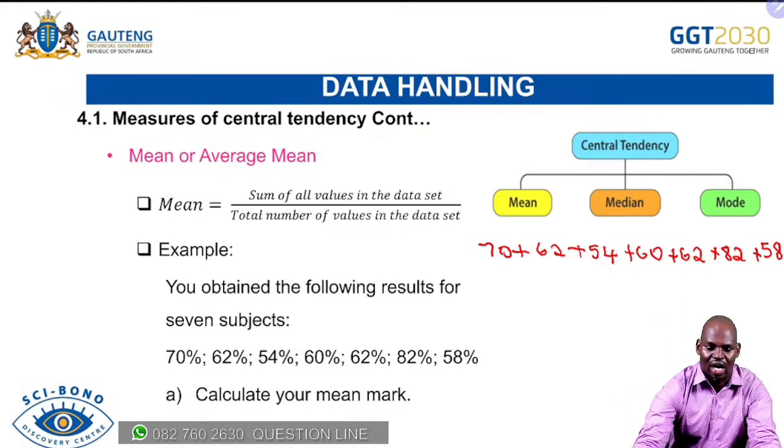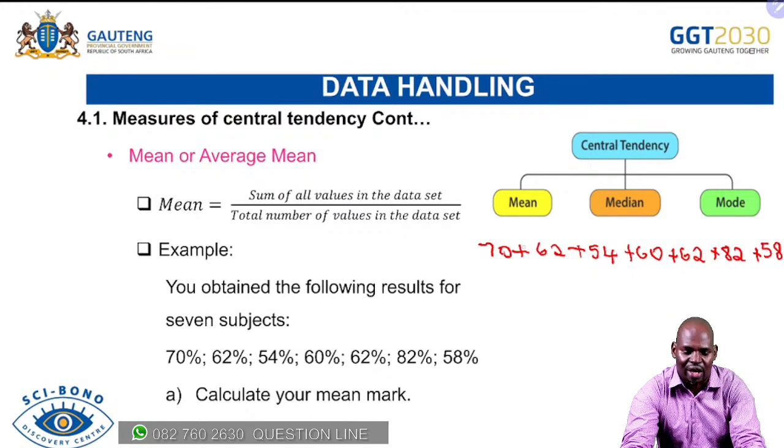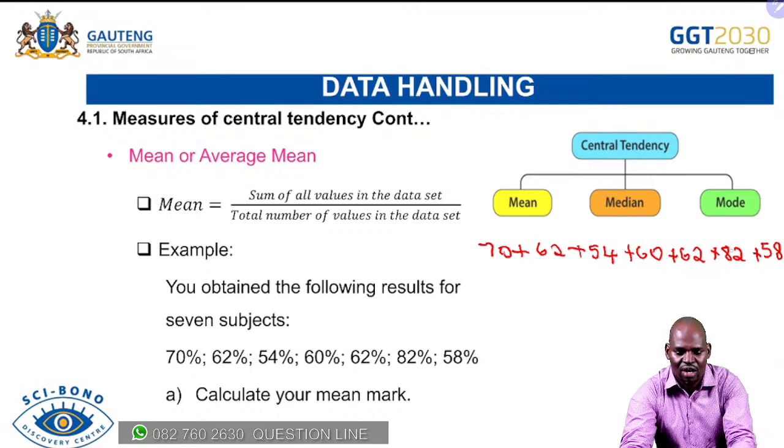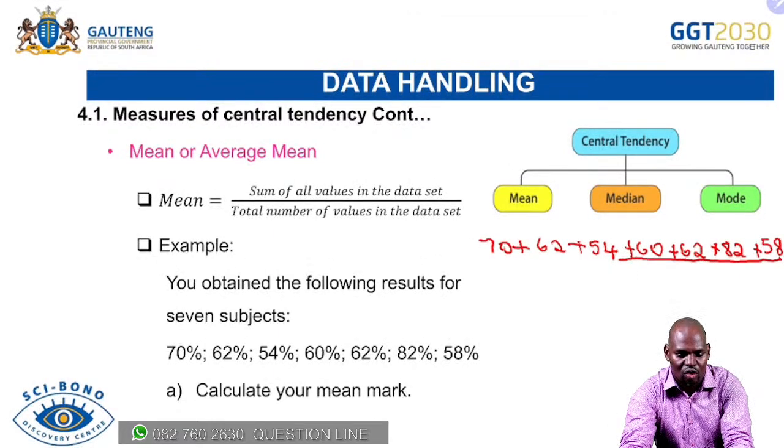Okay, now it's very important that after writing down the addition you need to count. Originally we had 1 2 3 4 5 6 7, so we have 1 2 3 4 5 6 7. So then we say all over 7. There we've got the sum.